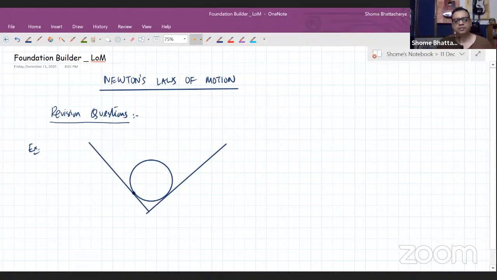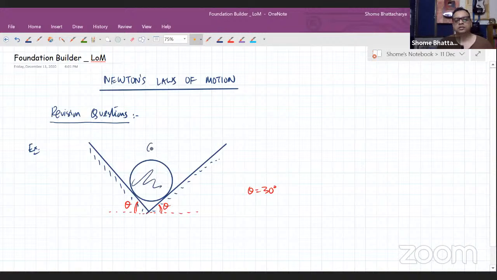A combination of two inclined planes, both of which are smooth surfaces, and a cylindrical body wedged in between them. With respect to the horizontal, each of these is at an angle of theta equal to 30 degrees.